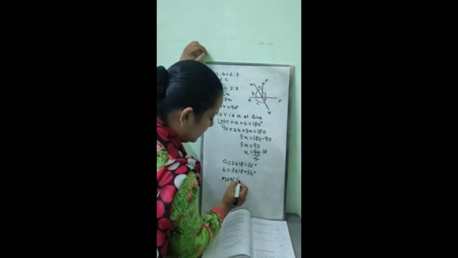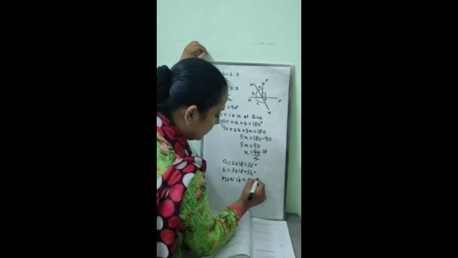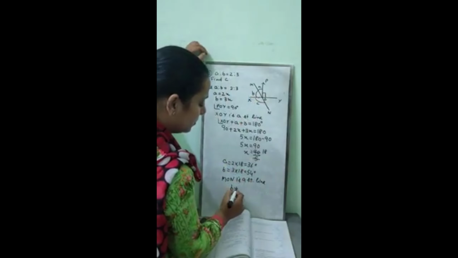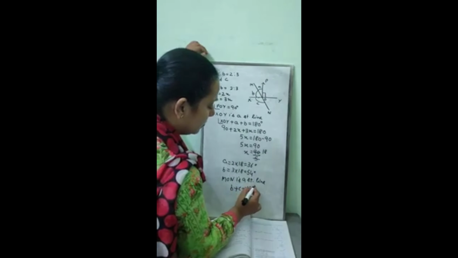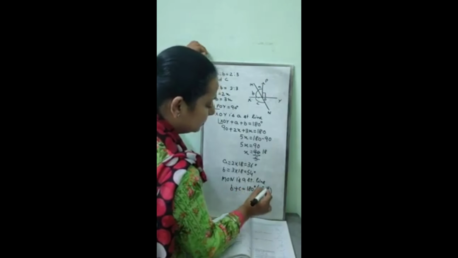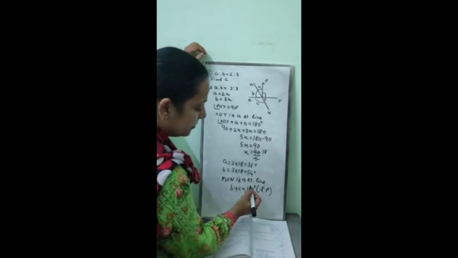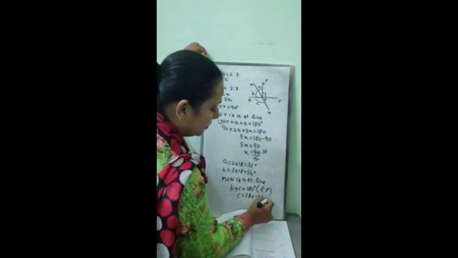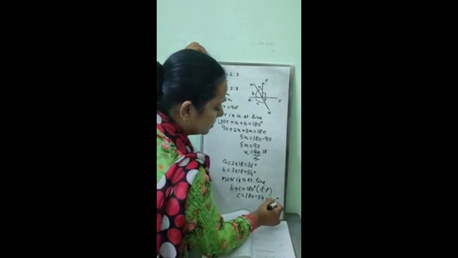MON is a straight line. So sum of these two angles B plus C is 180, linear pair. B is 54, value of C is 180 minus 54, that is equal to 126.